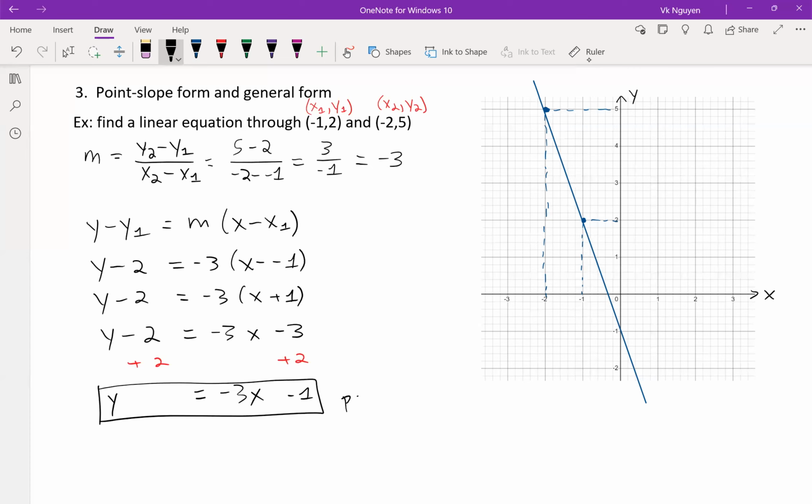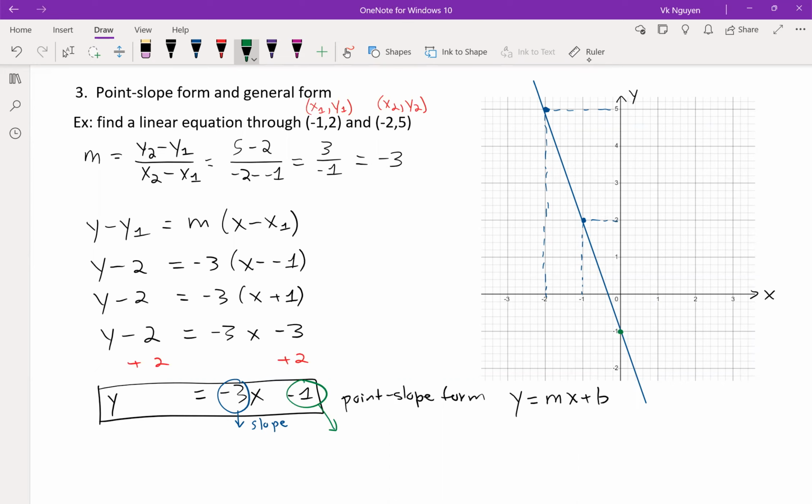Let us call it the point slope form. Generally known as y equal mx plus b. Notice that -3 here is the slope, and -1 is, if you look at the graph, you will see that the graph intersects the y-axis at -1.